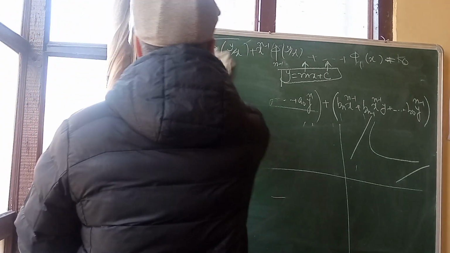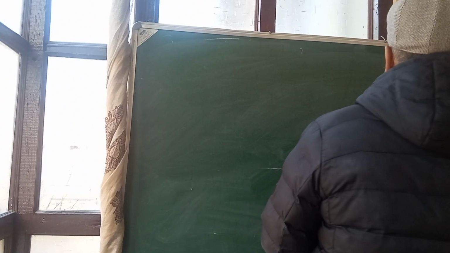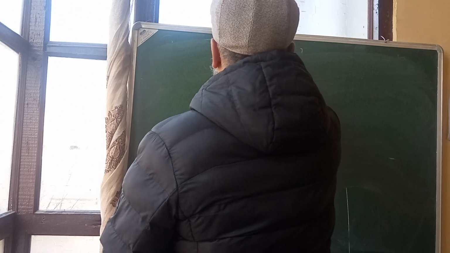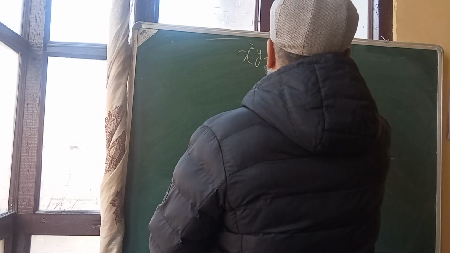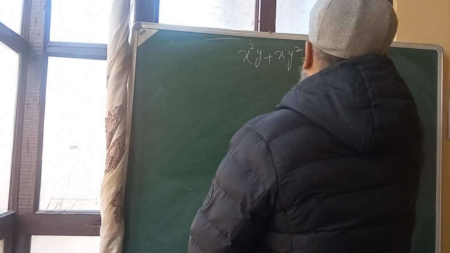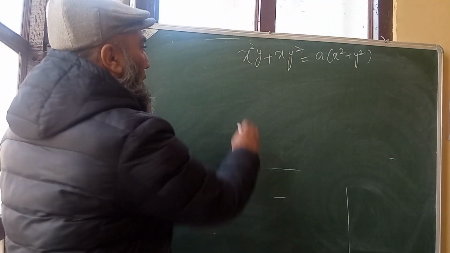For example, say you have x square y plus x y square equal to a times x square plus y square. See, this is an algebraic curve.